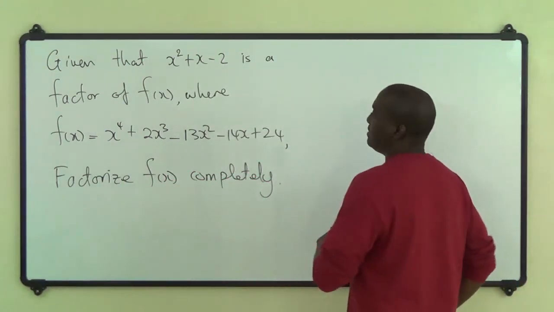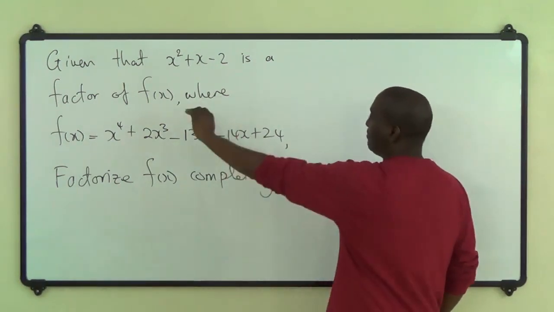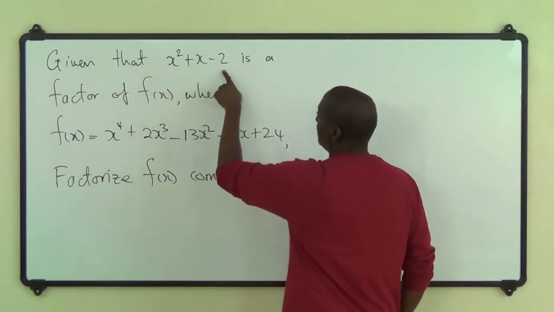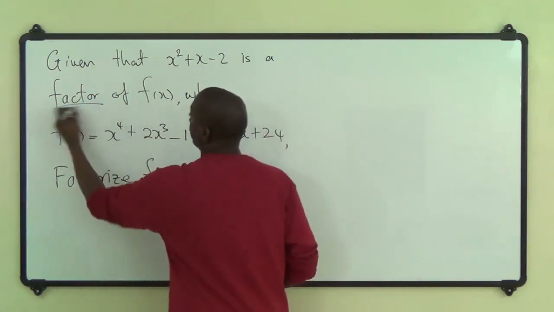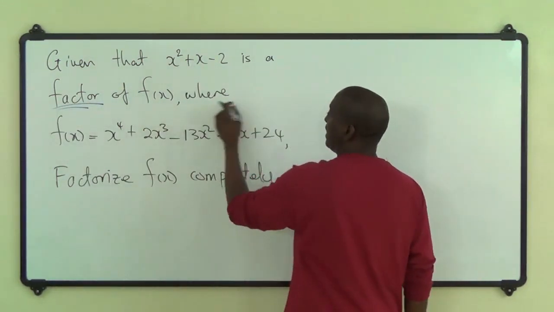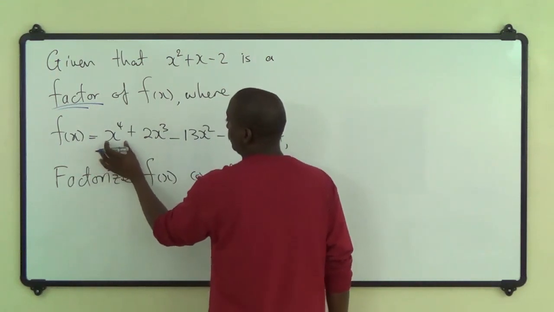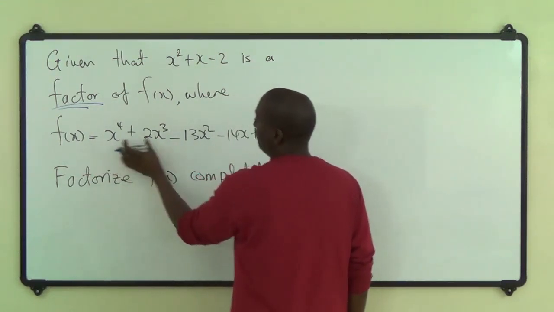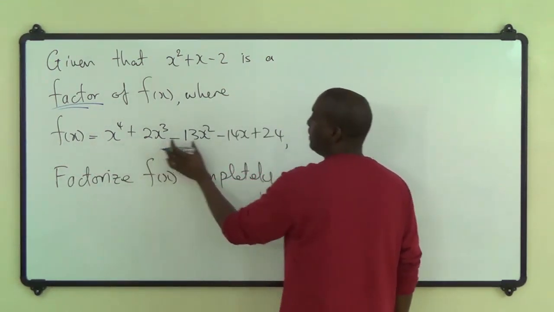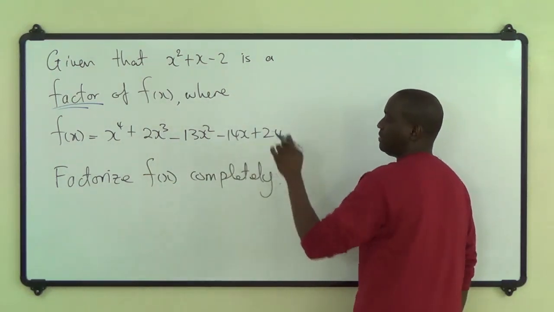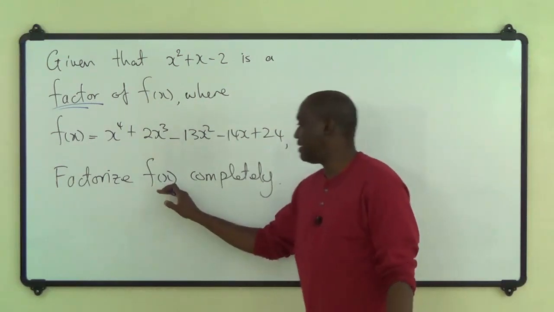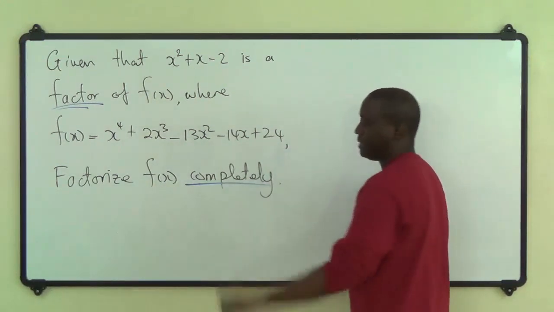So we have a question that says, given that x squared plus x minus 2 is a factor, very important word, of f of x, where f of x is equal to x to the power of 4 plus 2x cubed minus 13x squared minus 14x plus 24. Factorize f of x completely.